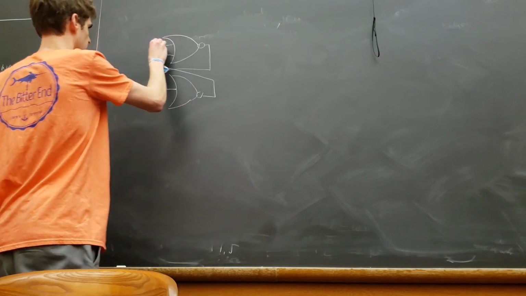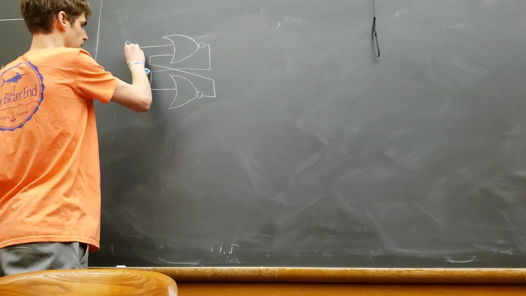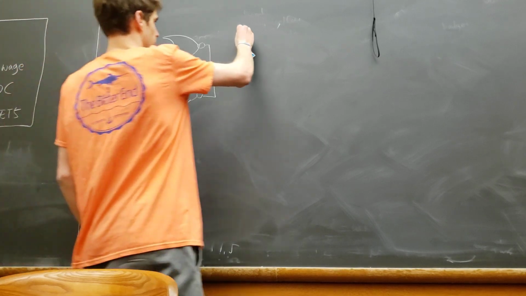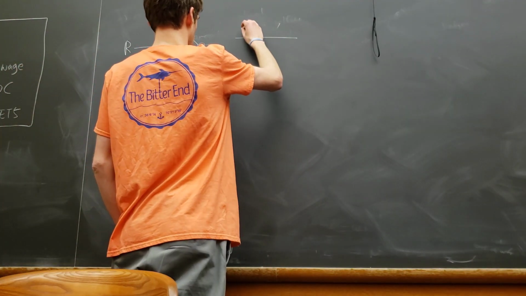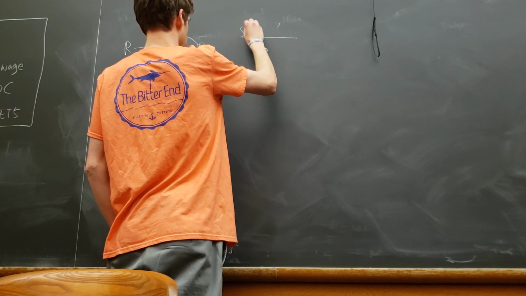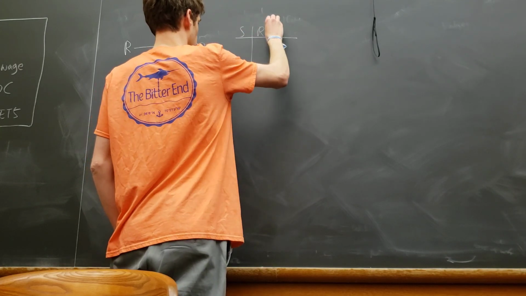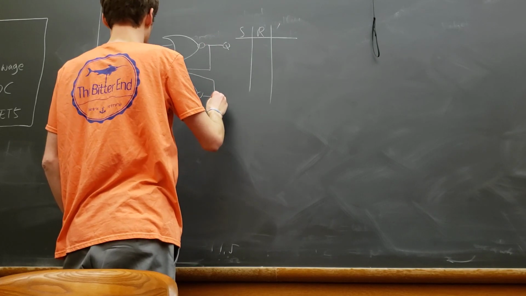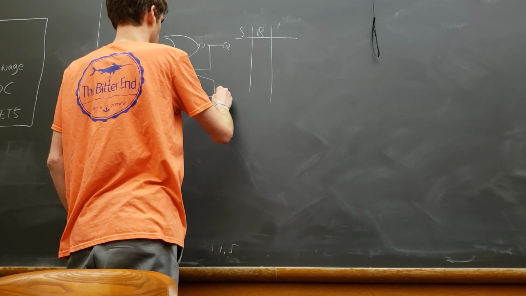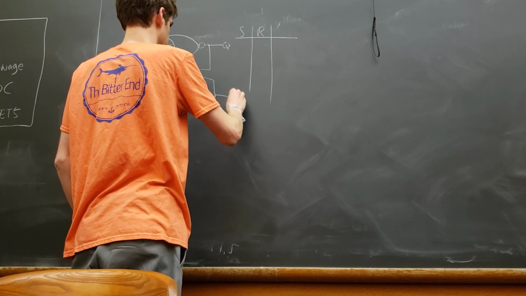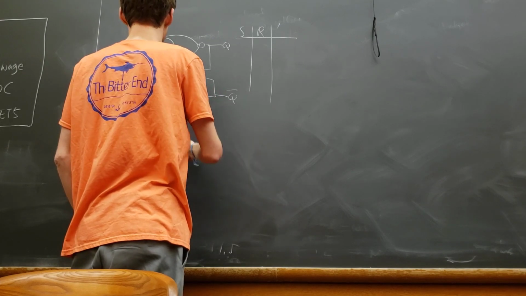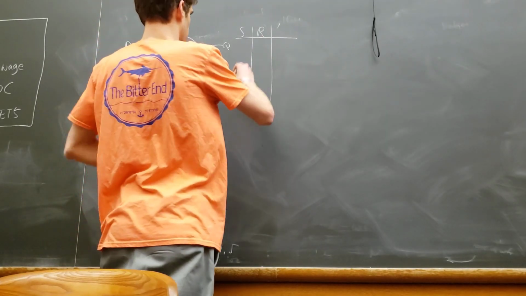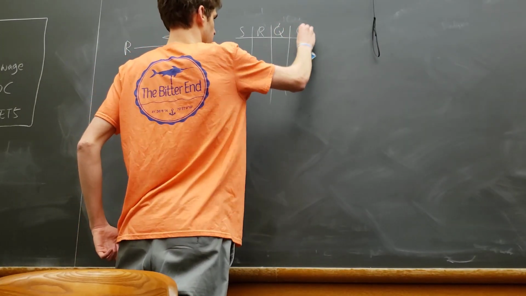This input is called R, and this input is called S. Now we have a truth table here: S, R, and we're going to call this output Q, and this output Q naught.